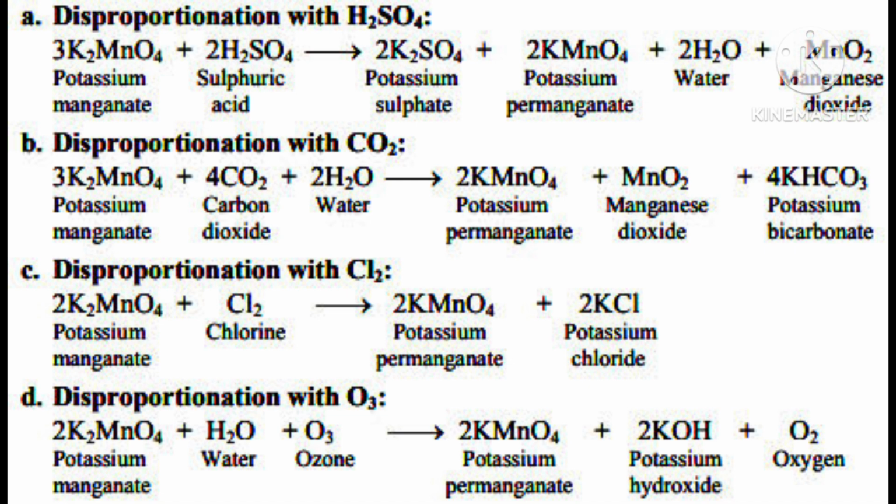Thiosulfate is S2O3 2-, sodium thiosulfate Na2S2O3. Here the ionic reaction you are writing: 8MnO4- plus 3S2O3 2-, thiosulfate ion, plus H2O, because the reaction is neutral, gives three products: 8MnO2 plus 6SO4 2-, sulfate ion, plus 2OH-.